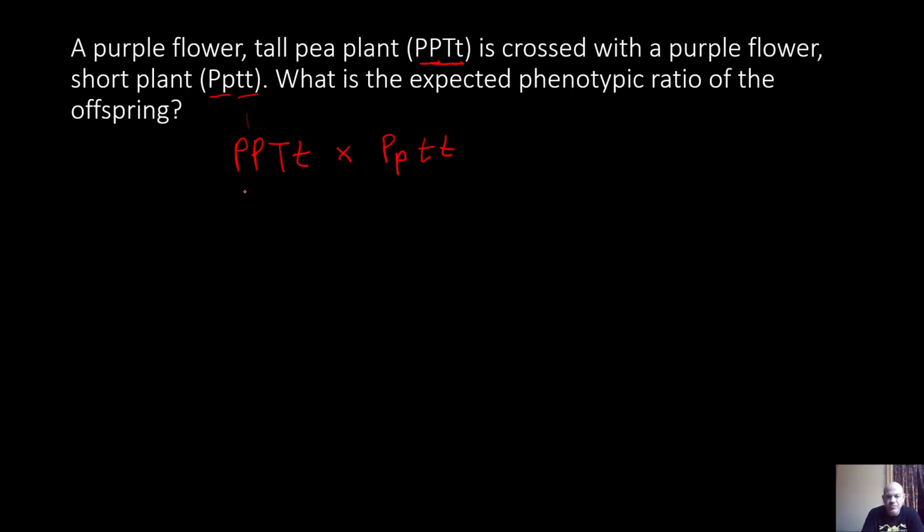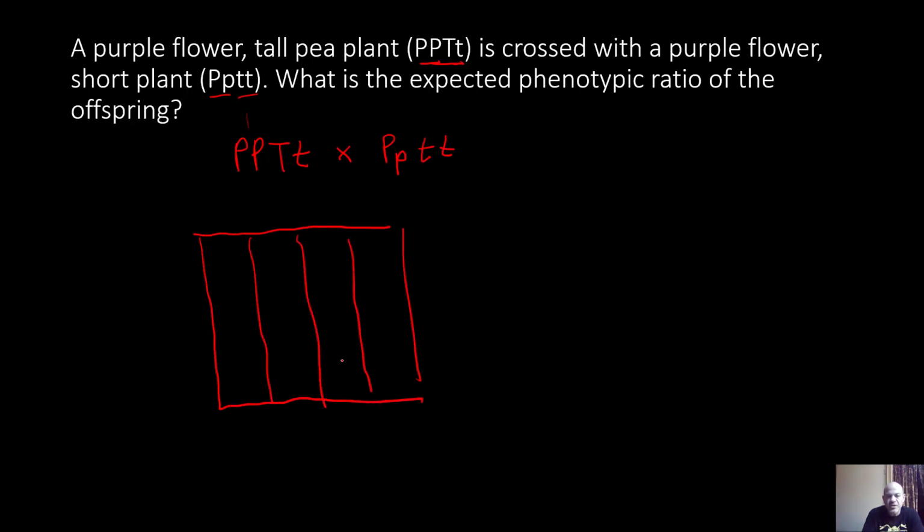But let me show you. We'll go ahead and build the entire Punnett square using the first, outer, inner, last, and then see why we really don't need a 4x4 Punnett square. Okay, so I'm going to draw my 4 columns and then my 4 rows, and we'll go with the first parent on top. If I do the first, that's big P, big T. If I do the outer, that's big T, little t. If I do the inner, that's big P, big T. And if I do the last, that's big P, little t.